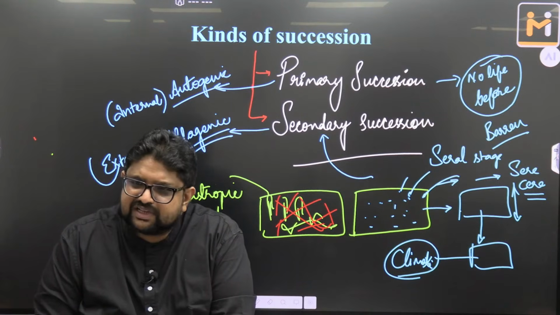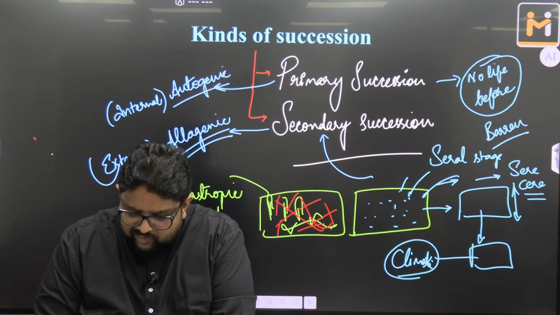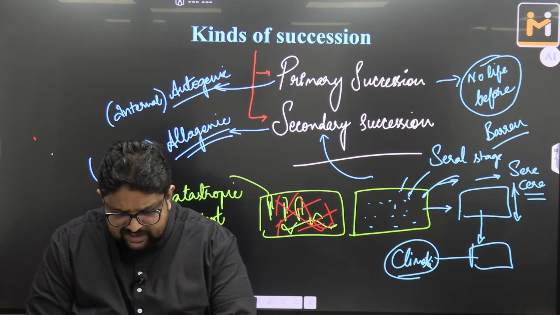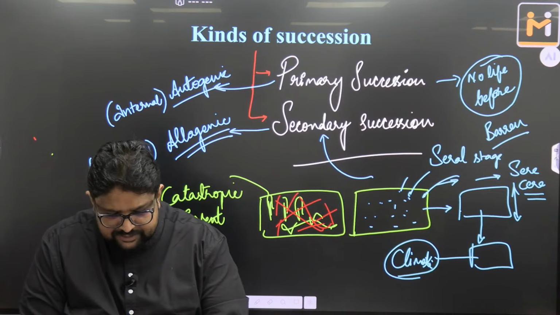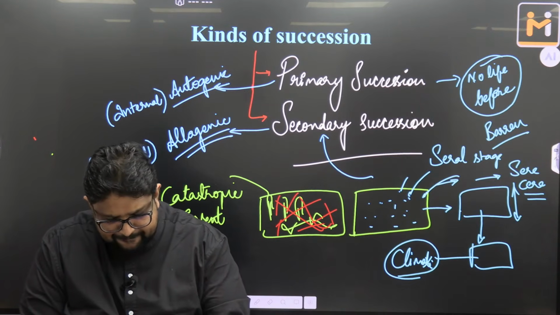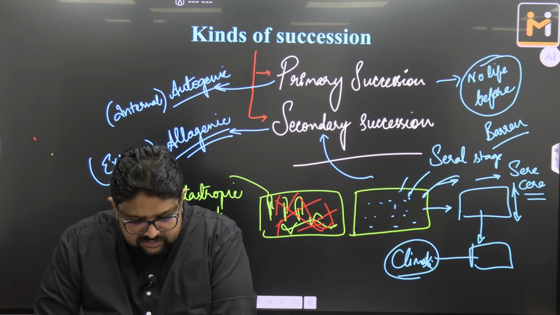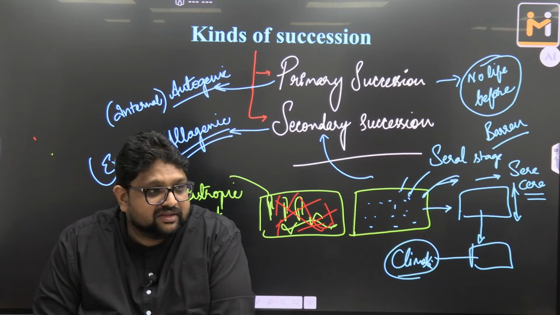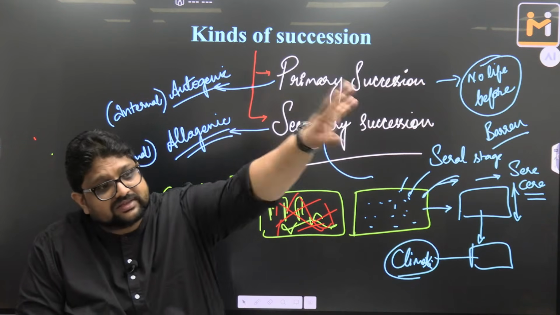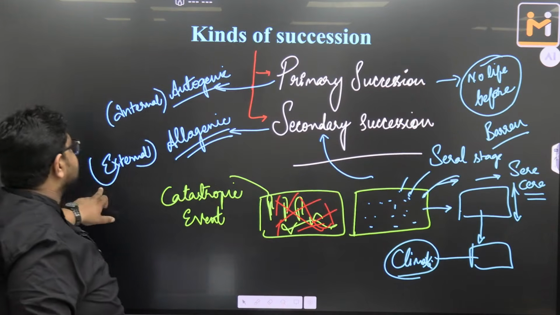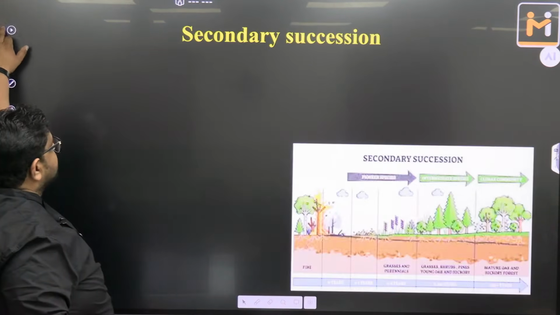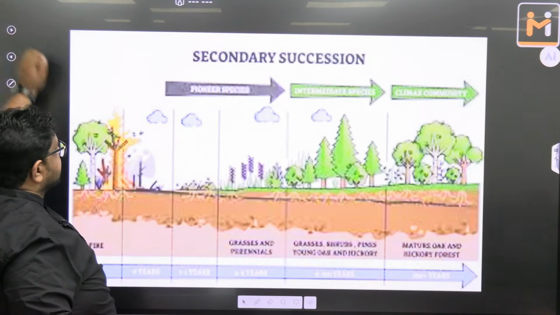Too high temperature is external. Overgrazing. There are so many reasons for secondary succession: erosion, burning, clearing, all these are external, allogenic factors. This is what secondary succession is.